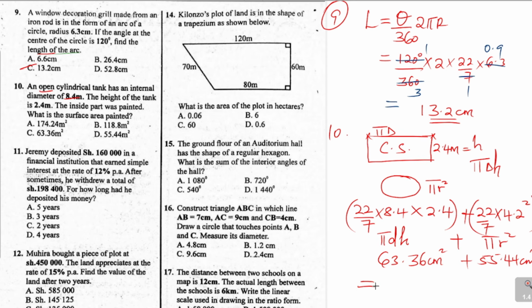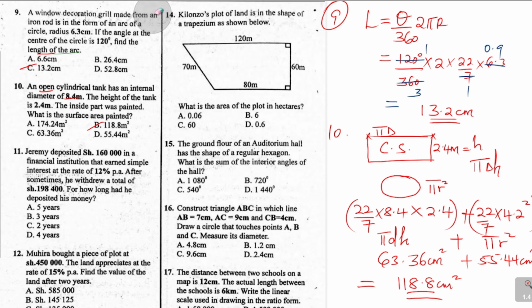So therefore the total area, you add 63.36 plus 55.44, that will give 118.8 centimeters squared. So that is how you're supposed to work out that part.